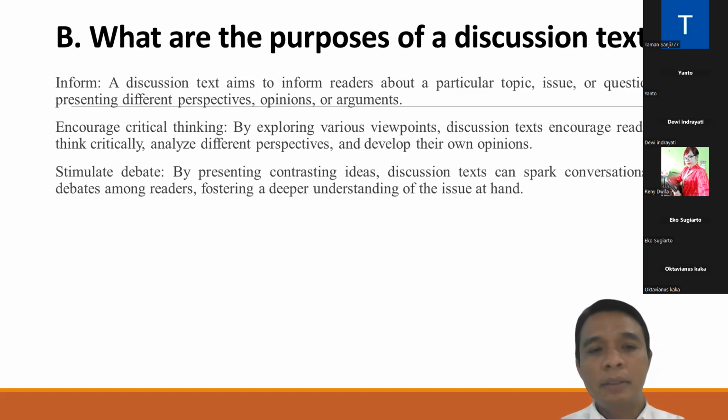And the second one, I'd like to present about what are the purposes of a discussion text. First, a discussion text aims to inform readers about a particular topic, issue, or question by presenting different perspectives, opinions, or arguments.